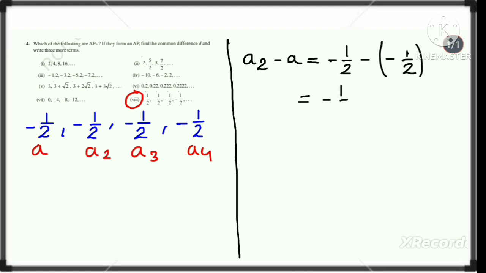Minus 1 by 2, minus into minus plus, 1 by 2. And here the denominator is the same, so 2 is common, and here remains minus 1 plus 1. Minus 1 and plus 1 cancel out, and here remains 0 by 2.